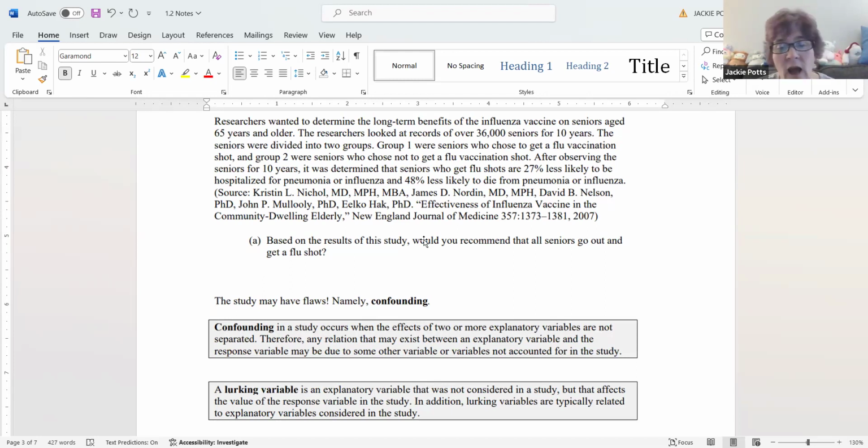Because when they did this study, they didn't take into account the health of these seniors. A lot of times people that are 65 and older have underlying health issues. Was that taken into account? No, not mentioned. That alone. So this is the reason why explanatory variables, lurking variables, and confounding variables, you've got to watch.